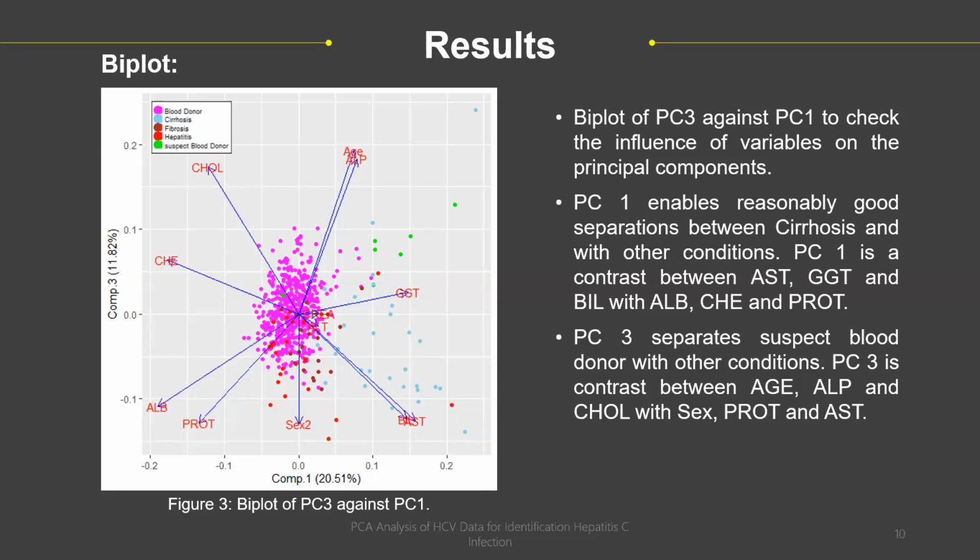Yes. But some of the samples are pushed to the edge. So why do you think they are pushed down there? Firstly, I believe it's the negative side of PC3. The negative side of PC3 is sex, protein, and also AST.